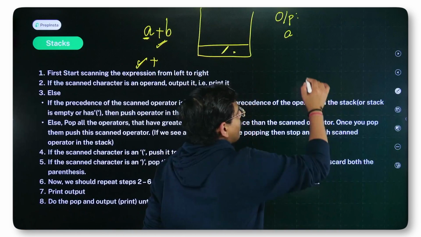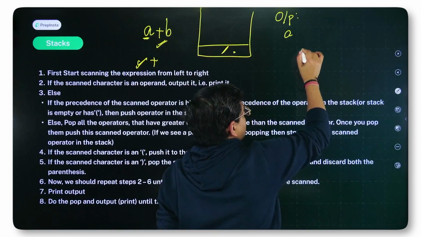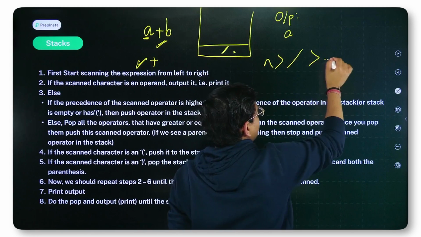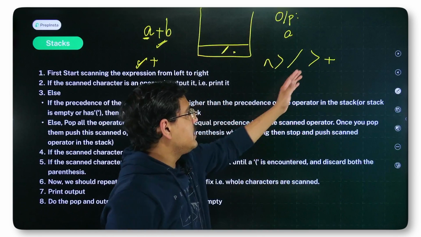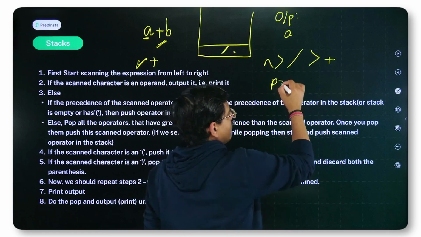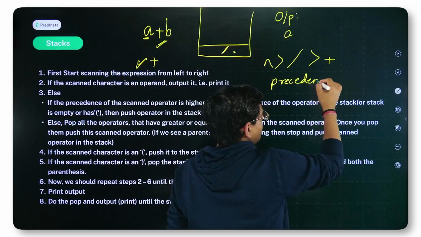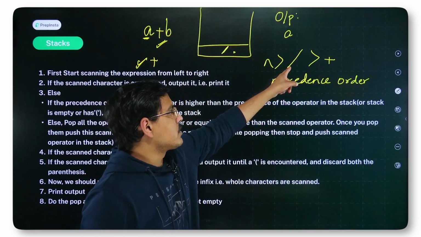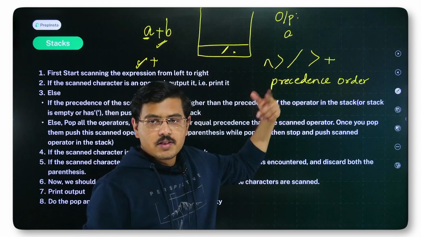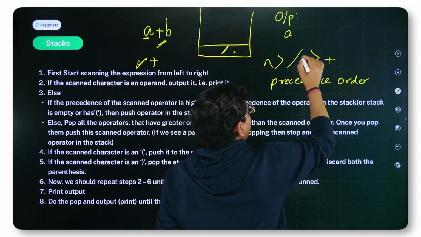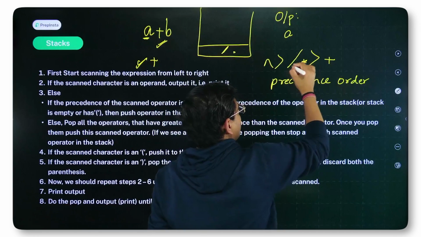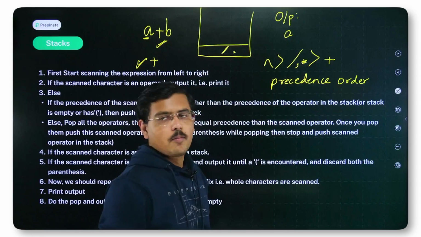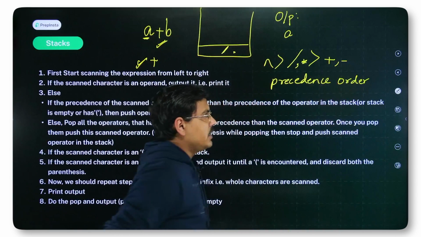ऐसा होता है, there is a precedence of operators, this is the precedence order. The precedence of the division operator is greater than plus. Similarly, the multiplication operator is also higher in precedence than plus. Plus and minus are of same precedence.